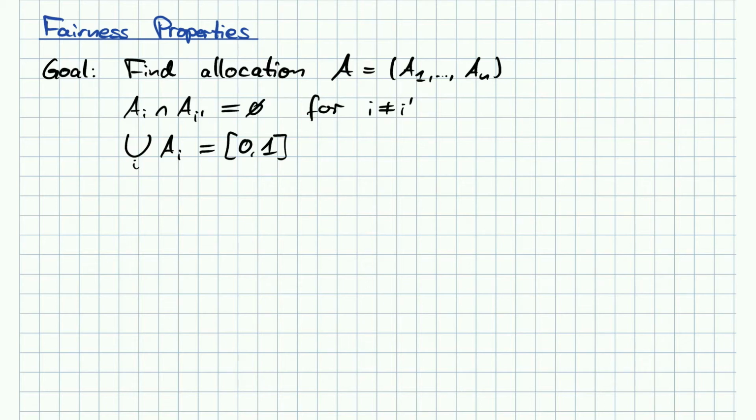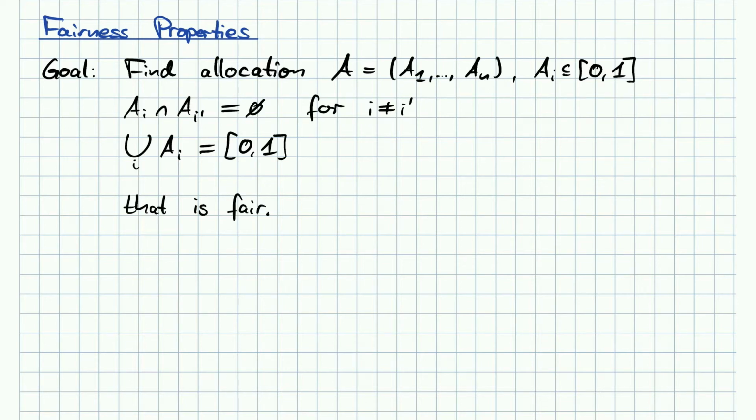And of course, all of them are subsets of [0, 1]. And this allocation should, of course, be fair.